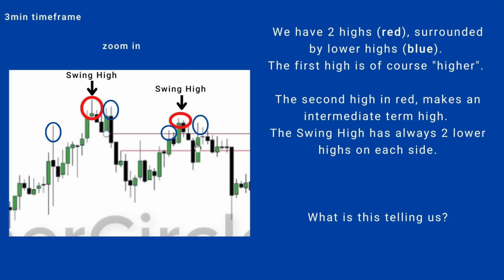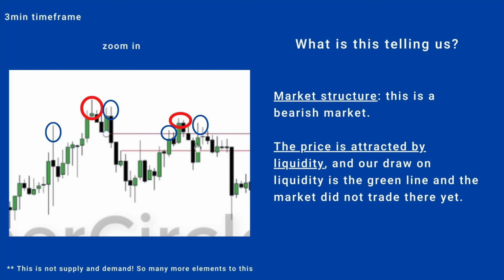Swing highs, swing lows, and intermediate term highs, exactly as lows, tell us about the market structure and about the fact that the price is attracted by liquidity. This is a bearish market, and they're telling us that the price wants to go lower.